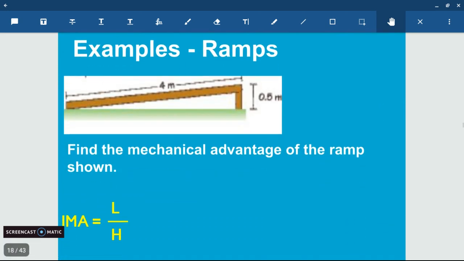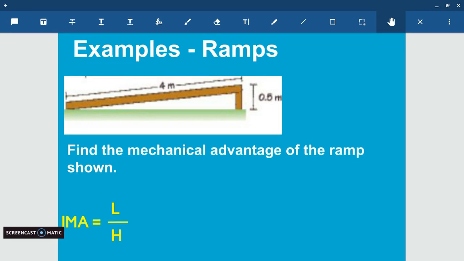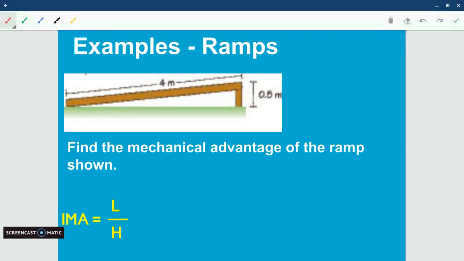So, a quick couple of examples using a ramp. If I want to find the mechanical advantage of this ramp, I already put the equation down here in the corner for you, that we have the length being 4 meters and the height being 0.5 meters. So I would have 4 meters divided by 0.5 meters.